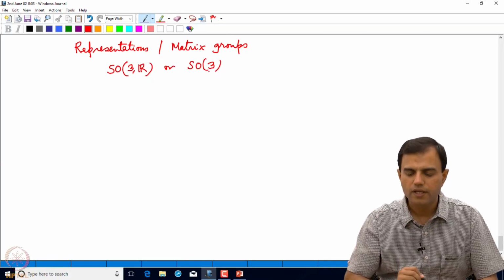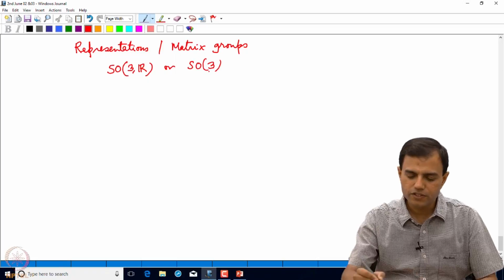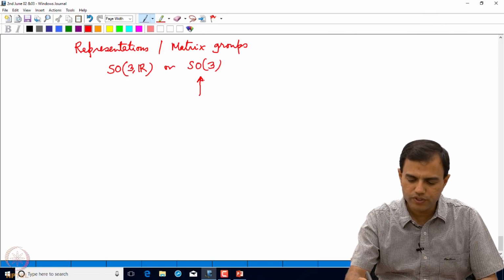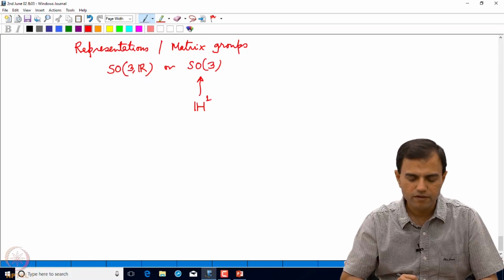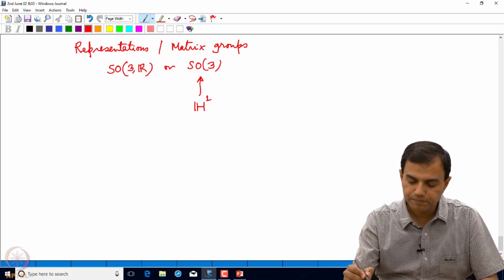or simply SO3. And a couple of lectures ago we had seen that SO3 can be understood through its double cover, which is unit quaternions, which have norm 1. You remember that, right?